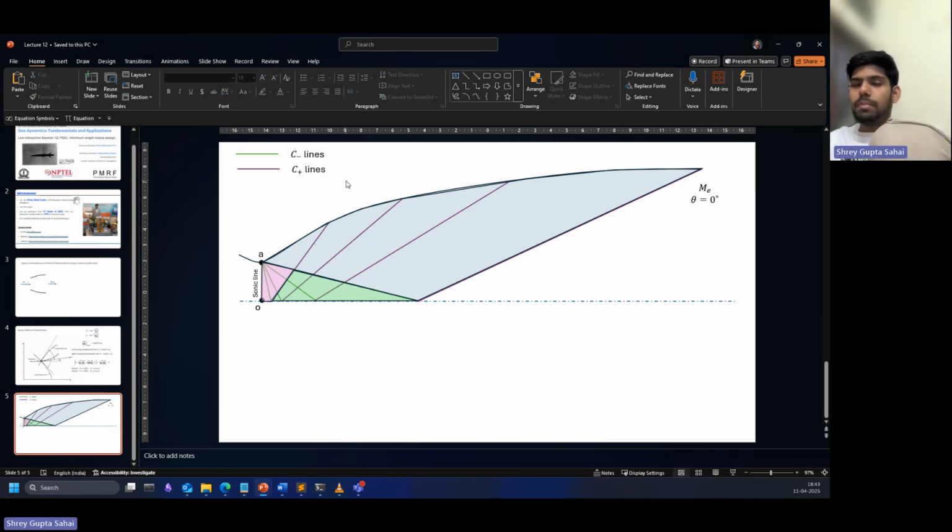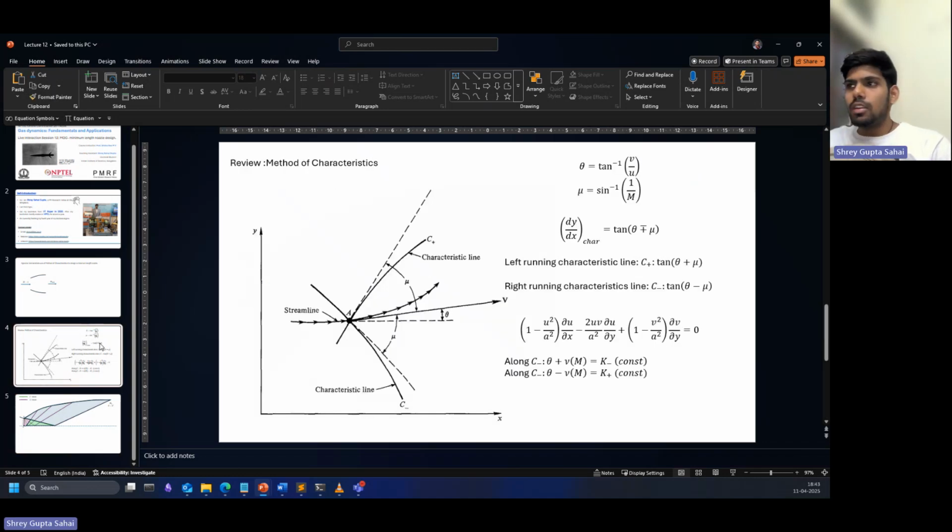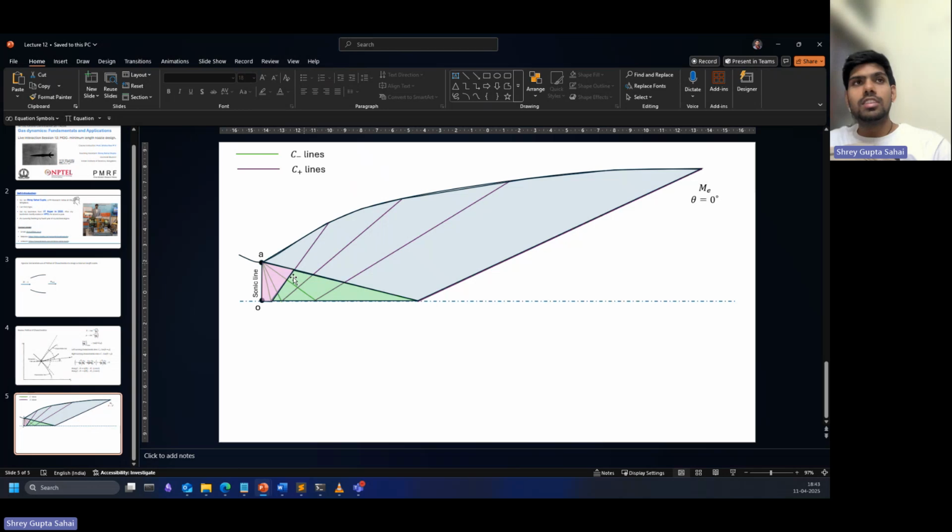This is primarily Prandtl-Meyer expansion, and this can simply be solved without actually looking at the method of characteristics. So the flow in this part of it can be understood. Now, what marks the boundaries of this region?